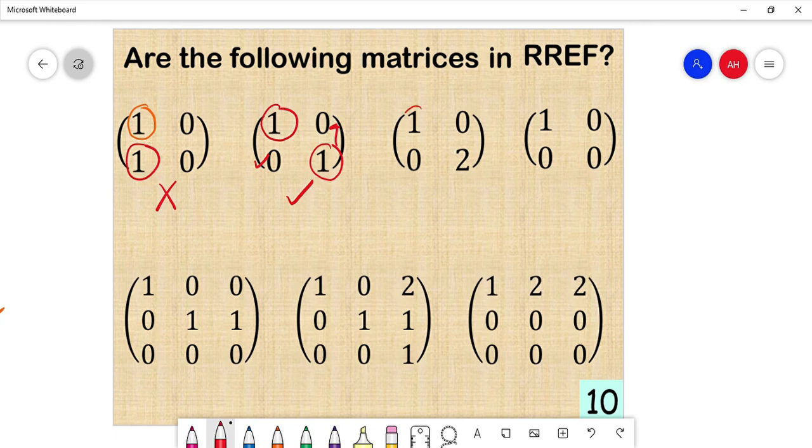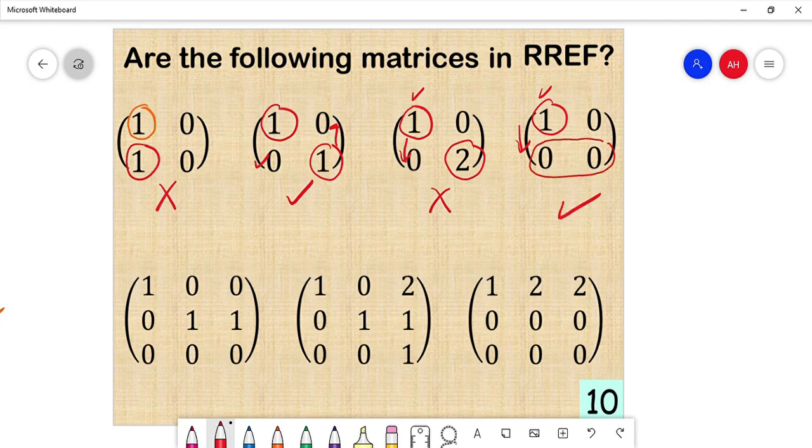The leading one for the first row is this, below it 0, this one is good. But for the second row we don't have a leading one, so therefore this is not in RREF yet. For this matrix, this is the leading one, and below it 0, good. And we have a 0 row, and we write the 0 row at the bottom of the matrix.